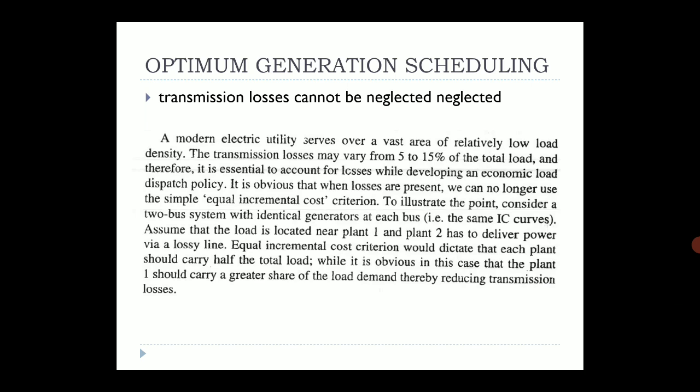So it is obvious that plant 1 should carry a greater share of the load demand, thereby reducing the transmission losses. Logically, in order to reduce the transmission loss, plant 1 should provide more and plant 2 should provide less power.